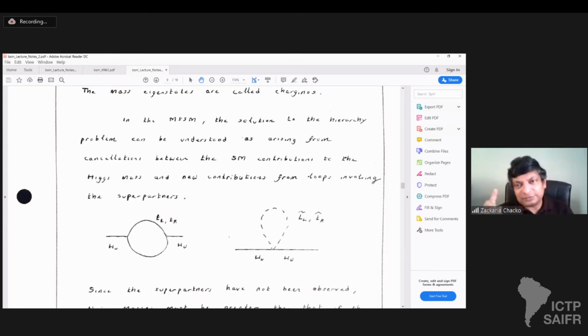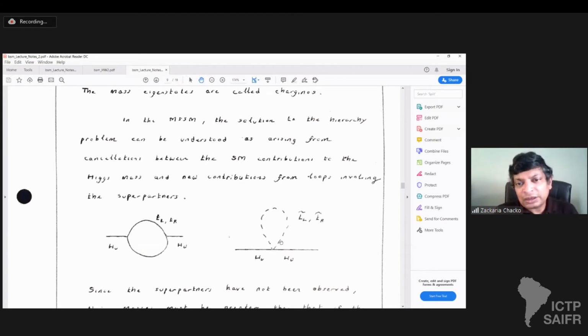Well, let me be careful. I want to be very careful here. This diagram will contribute to wave function renormalization and to the mass. I claim the contribution to the mass would cancel exactly between these two diagrams in the limit of exact supersymmetry.